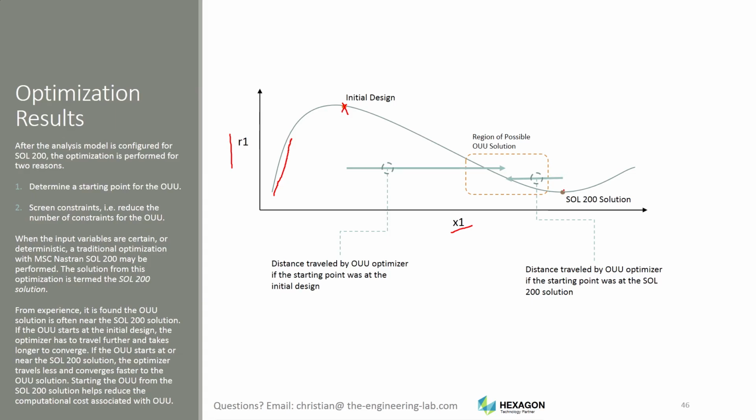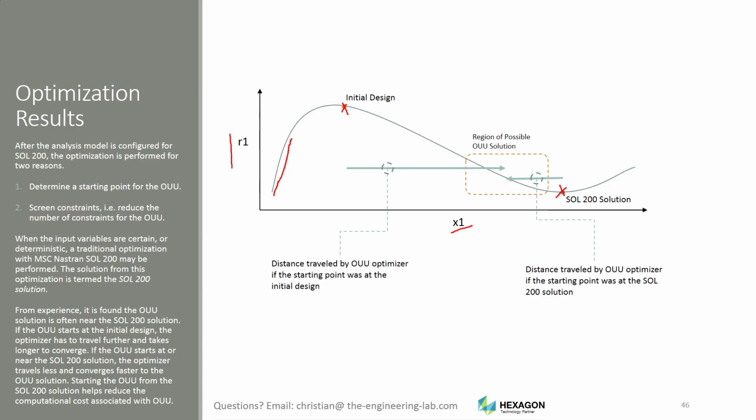Let's suppose the optimization assumes that the inputs are certain. Let's assume that the responses are deterministic. So there's no randomness. We know that the variables will always be the variables. There's no uncertainty, essentially. We use Nastran Sol 200 to perform the optimization, and we get this result at the bottom right.